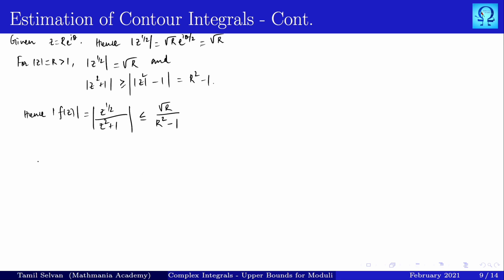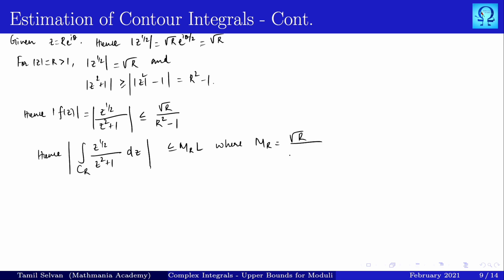Hence the absolute of the integral over C_R of z to the power half upon z squared plus 1 dz is smaller than or equal to M_R L, where M_R is root R upon R squared minus 1.